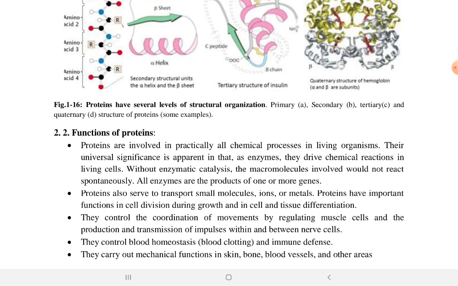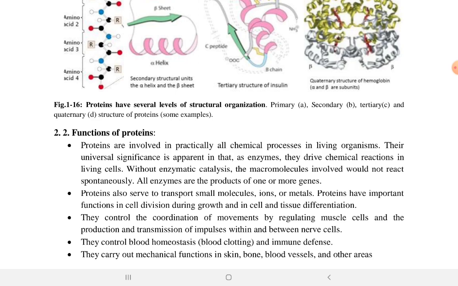Without enzymatic catalysis, the macromolecules involved would not react spontaneously. All enzymes are the products of one or more genes. Also, proteins serve to transport small molecules.